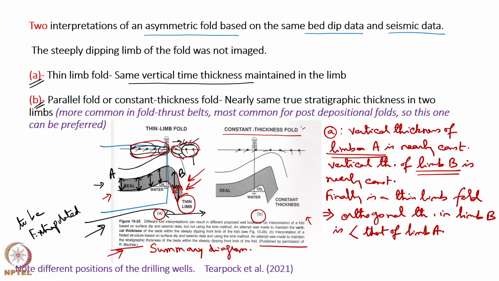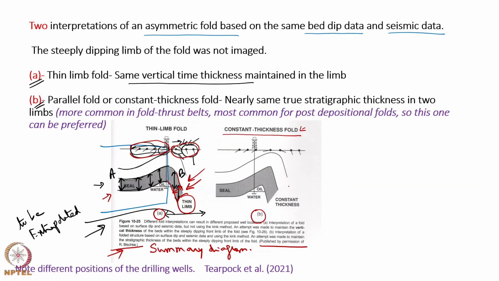Let us look at the constant thickness fold. In possibility B, where a constant thickness fold is created, the orthogonal thickness or the true thickness of the layers for limb A and limb B are maintained the same.